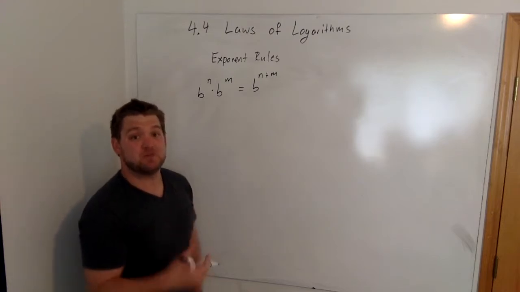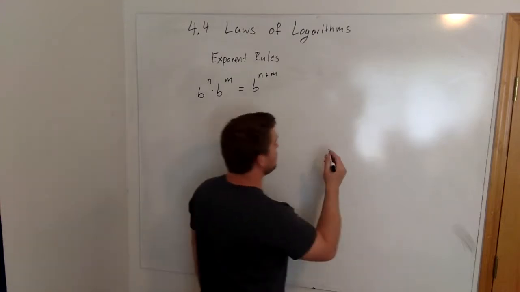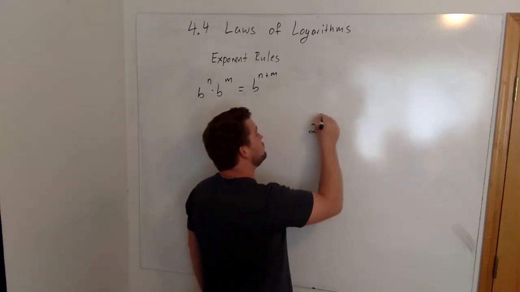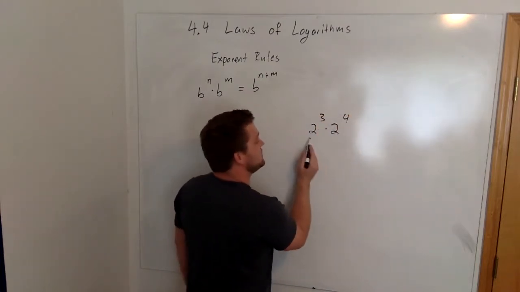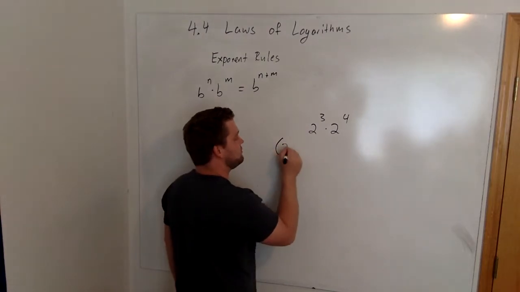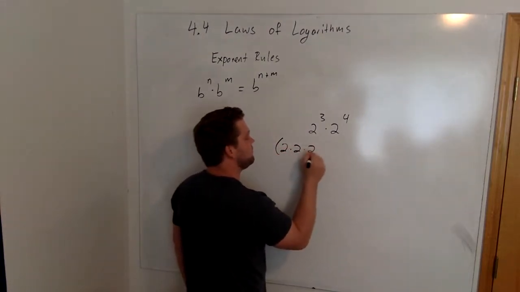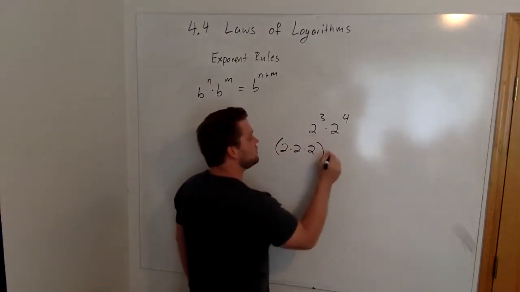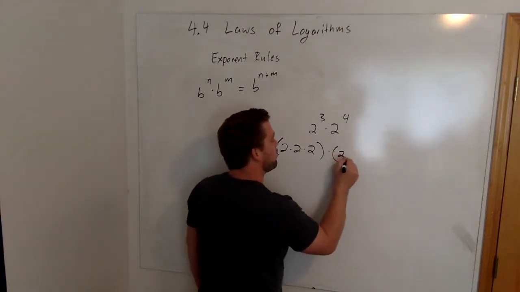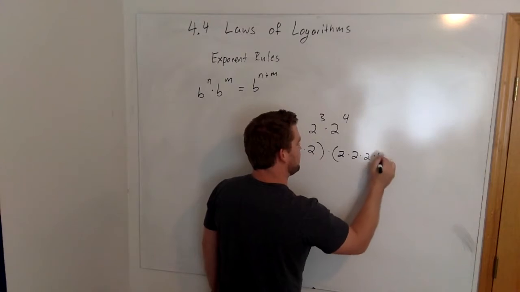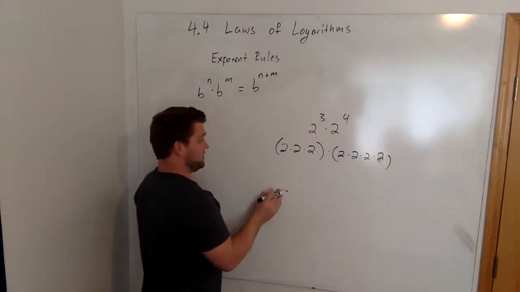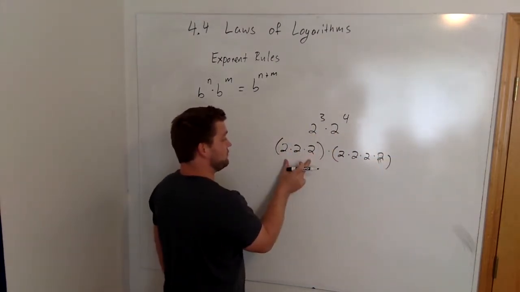It means repeated multiplication. For example, if I have 2 cubed times 2 to the 4th, this tells us I'm taking 2 and multiplying it by itself 3 times, and then we're multiplying another 4 2's. I'm just using the definition of what an exponent means. Take 2, multiply it by itself 3 times.